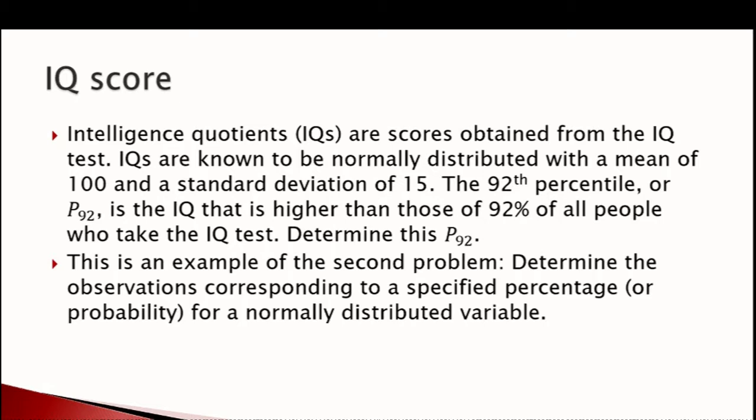Until now, I think you are quite good at seeing that this is a normally distributed variable, because usually the problem will tell you so. So here, how do you see that? It gives you a percentage already. That is 92%. 92% here, that is your area of 0.92. And because it says the IQ is higher than those of 92%, 0.92 is the area to the left.